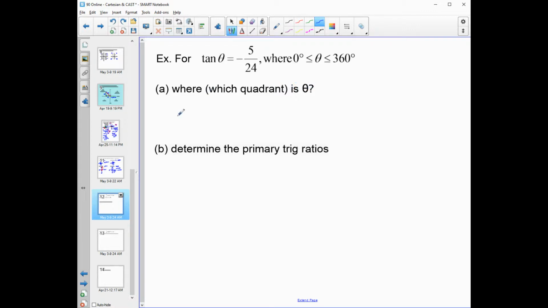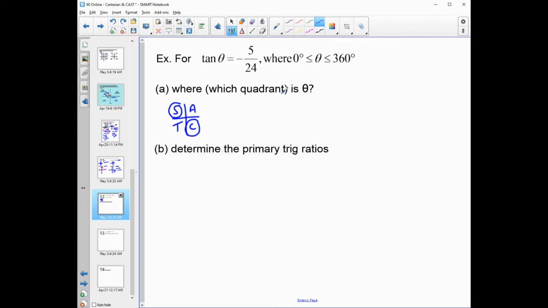And so this is our first twist. I mentioned this earlier in the lesson. What quadrant is theta in? Well, tangent being negative, where is tangent negative? Tangent is negative in quadrant 2 and in quadrant 4.